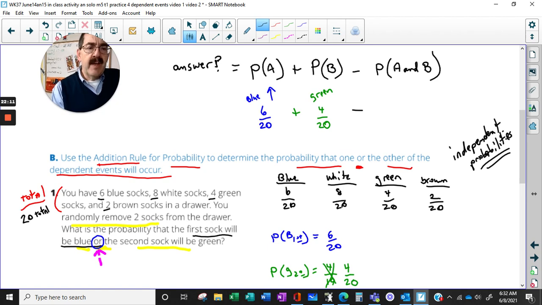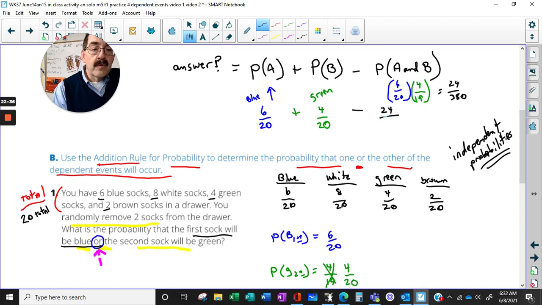The probability of A, 6 out of 20, and the probability of green is what you were thinking. There's 4 of the 19. Okay? So this turns out to be 24 over 380.